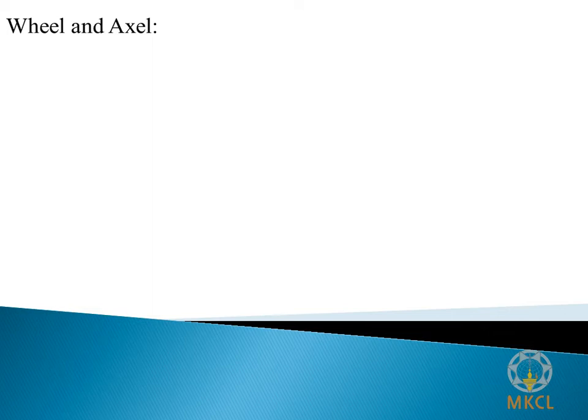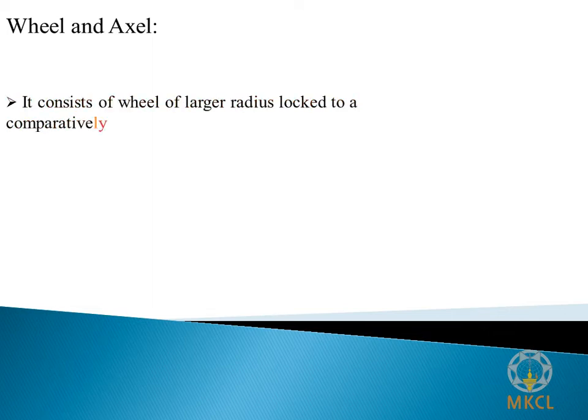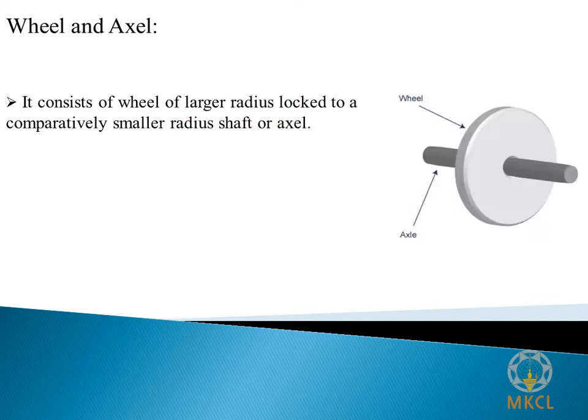Let us see what a wheel and axle assembly is. A wheel and axle assembly consists of a wheel of a larger radius locked to a comparatively smaller radius shaft or axle. We can see the wheel and axle assembly in the figure.